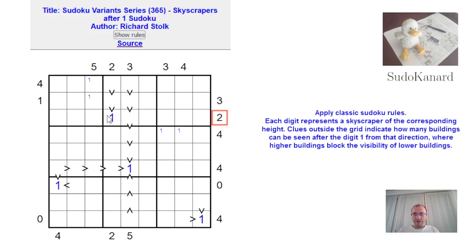Then here, this one must see 2 buildings. And actually, if one is here, then we have an ascending streak of 6 digits. But if one is here, we have an ascending streak. Oh no, that's not the case, because we are not discussing the ascending streak.